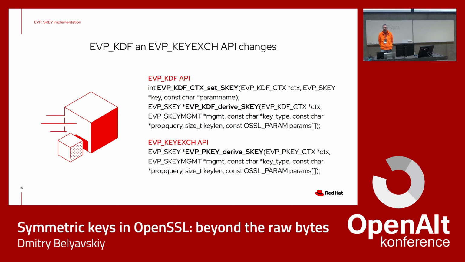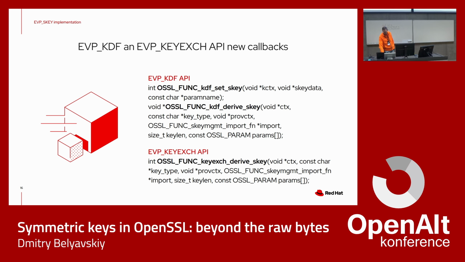So you can init the KDF operation using the symmetric key object, with the function EVP_KDF_CTX_set_skey. And of course, after the derivation, you also may want to have an object that would persist in the hardware token or HSM and will not be available for direct access in a raw byte format.